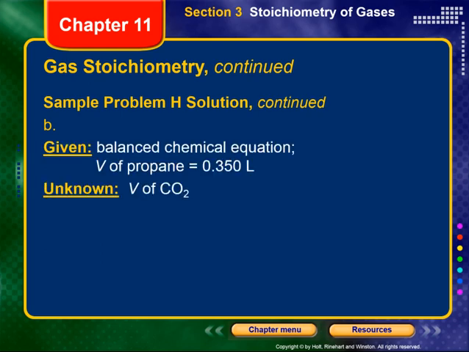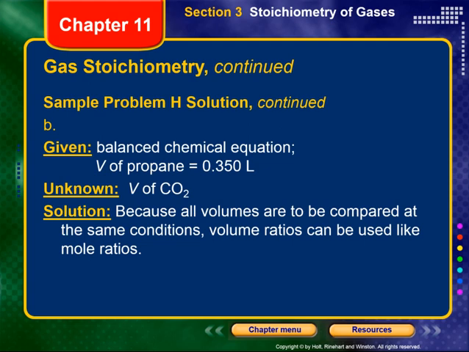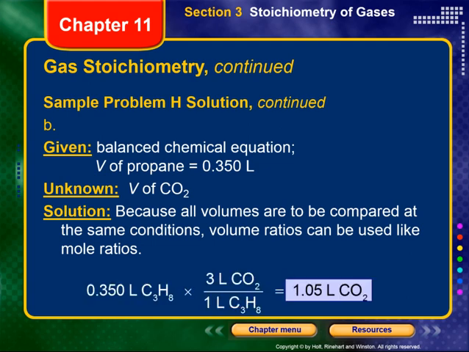Part B, again, we have the balanced chemical equation and we have the volume of propane, but this time we're trying to find the volume of CO2. And again, we're using the same conditions, same temperature and pressure, that allows us to use the volume ratios in the exact same way that we would use mole ratios. So, yet another conversion factor, a liter to liter, volume to volume ratio.